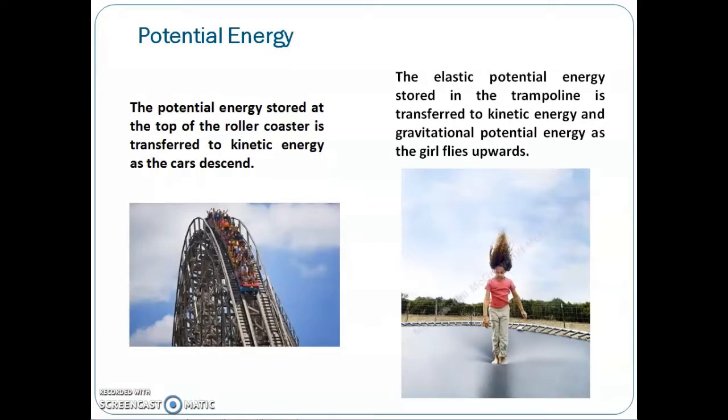Potential energy. If the work of a force only depends on the differences in positions, then we can express this work as potential energy. This can be demonstrated in the examples here.